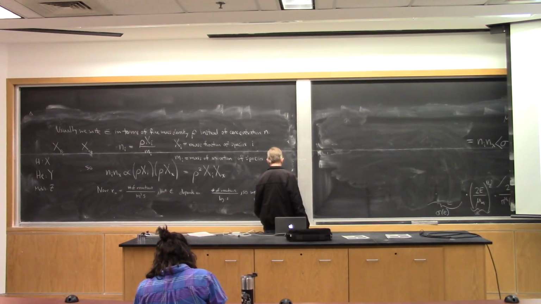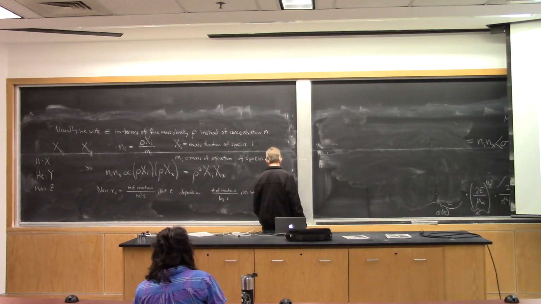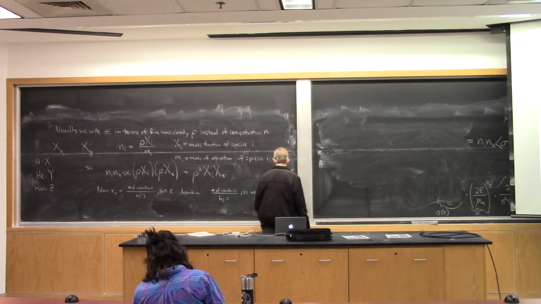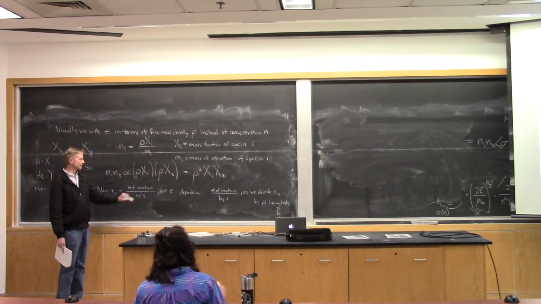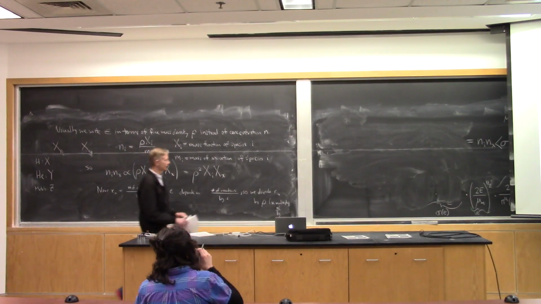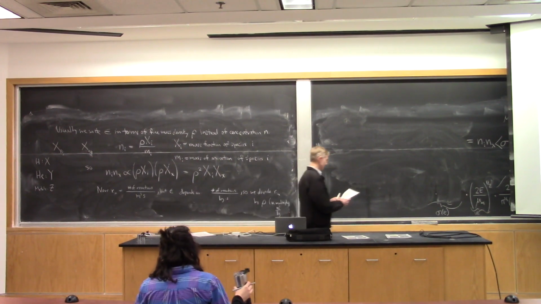I.e. we're multiplying by cubic meters per kilogram, since rho is kilograms per cubic meter, and that would turn us into reactions per kilogram per second.